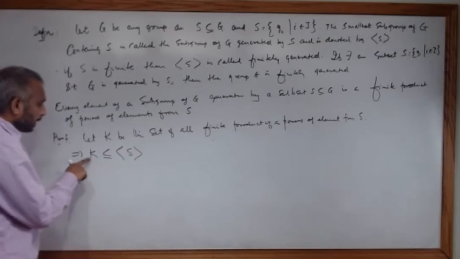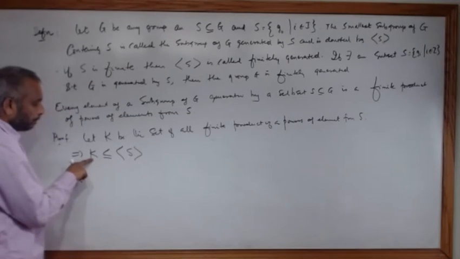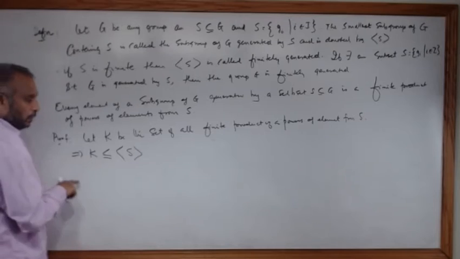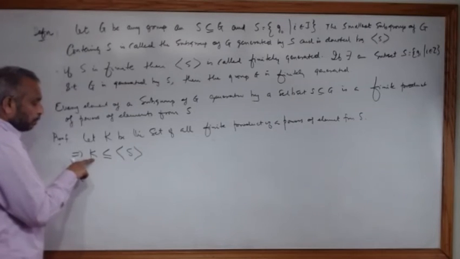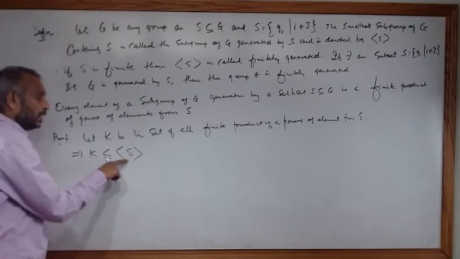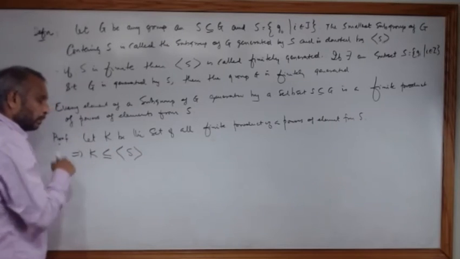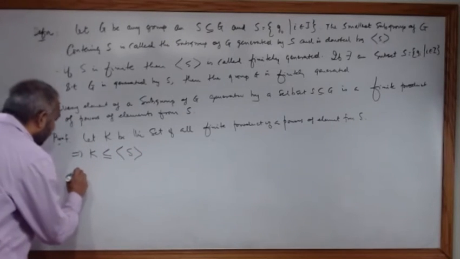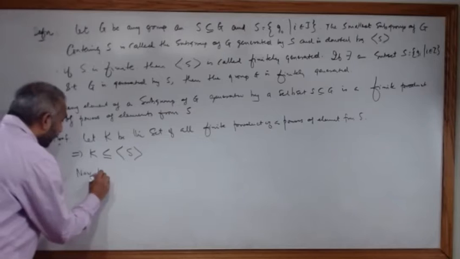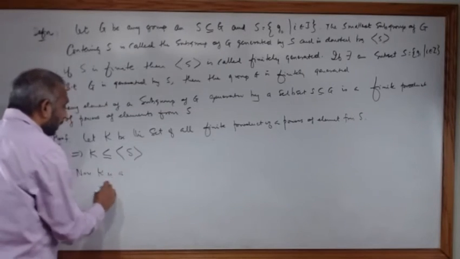Now we need to prove that K is a subgroup. If we prove that K is a subgroup, then K is equal to this, because this is the smallest subgroup.